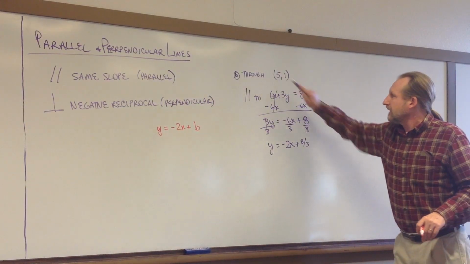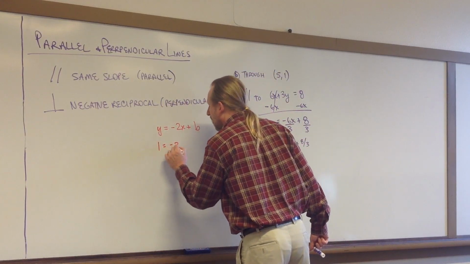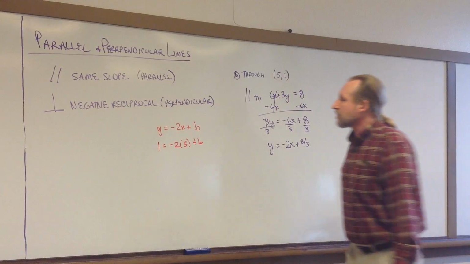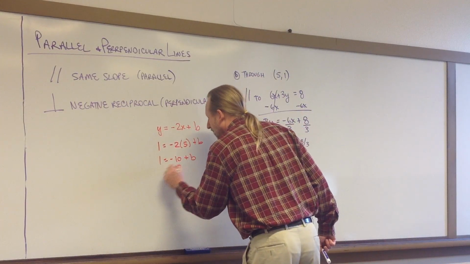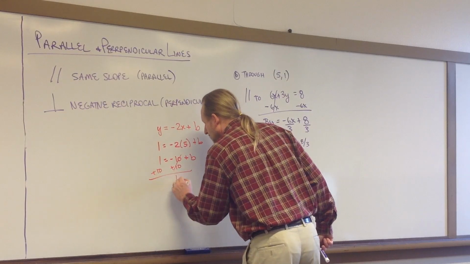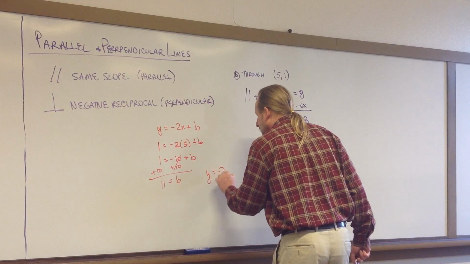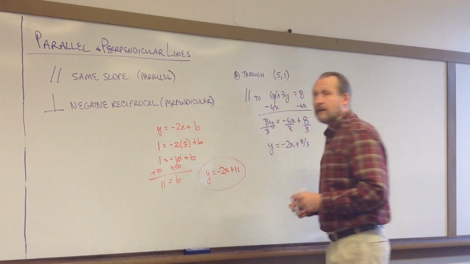And to find out what that is, we need to plug those x and y values in. y is 1 when x is 5. Okay, so negative 10 plus b, add 10 to both sides, b equals 11. And so the line that we're interested in is y equals negative 2x plus 11.